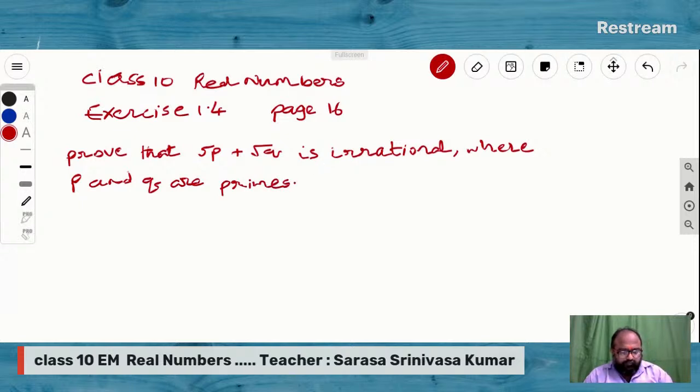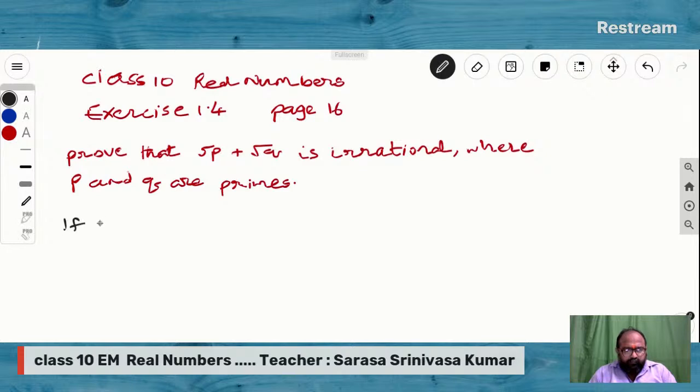So to prove this result, we will utilize the previous concept, that is when p is a prime number, then square root of p is irrational. We have already proved this result. So we note down this property.